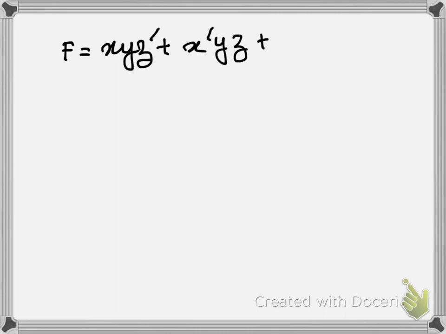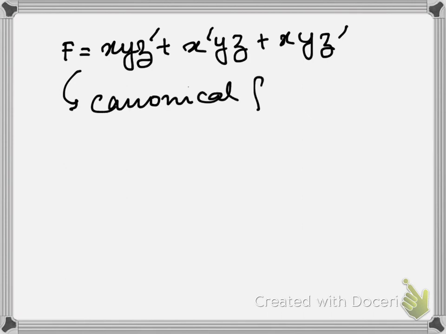So if I give something like this, f is equal to x y z dash plus x dash y z plus x y z dash, this is in the canonical form. Why? Because all three variables are present.